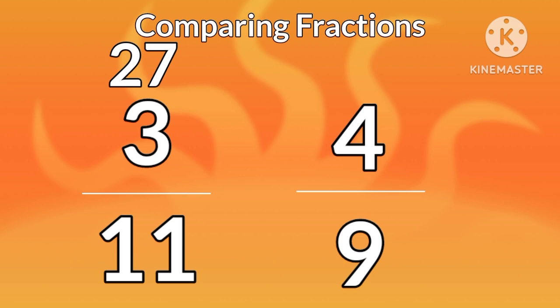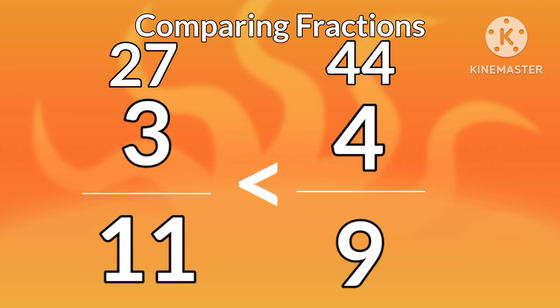So 11 times 4 is equal to 44, and we put 44 on top of the second fraction. Now, whichever has the greater value is bigger. So 44 is bigger than 27, which means 4 over 9 is greater than 3 over 11.